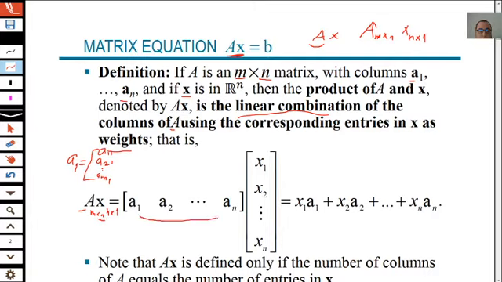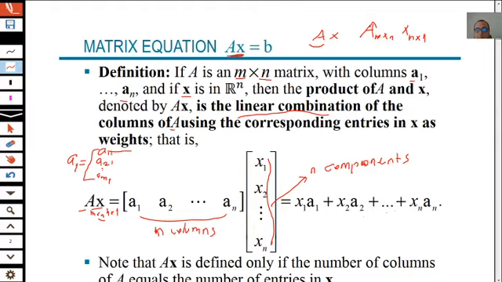We have n columns and n components. To define the product, we have to have n columns for the matrix and n components for the vector.